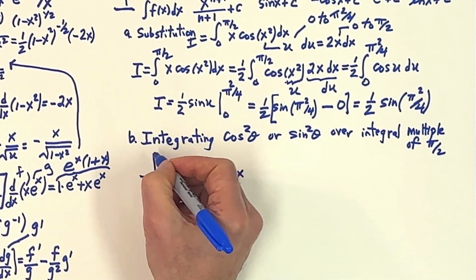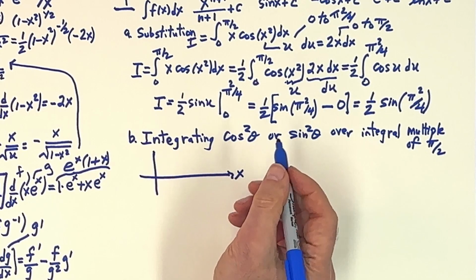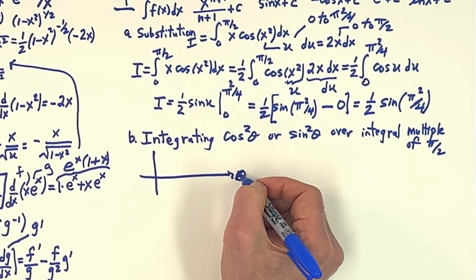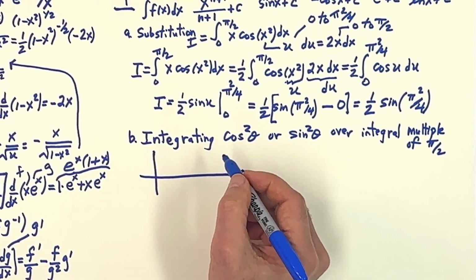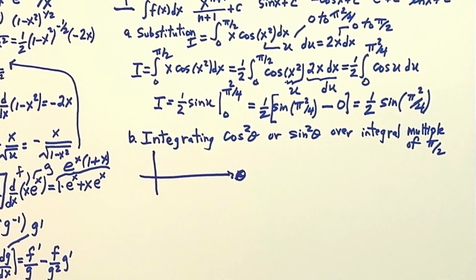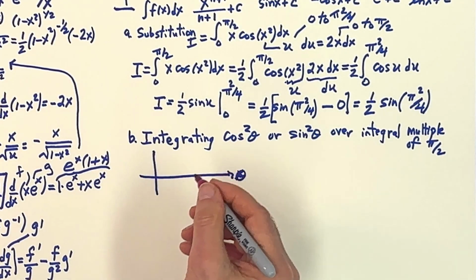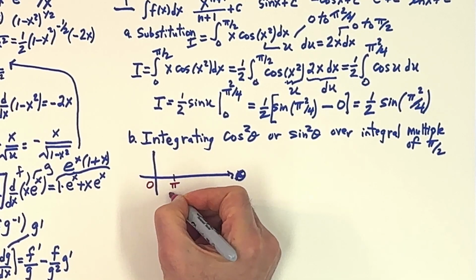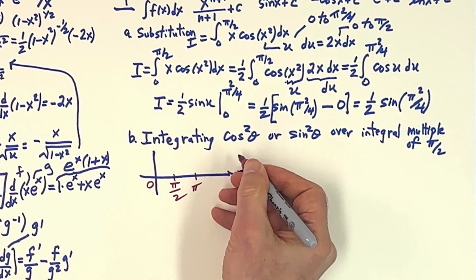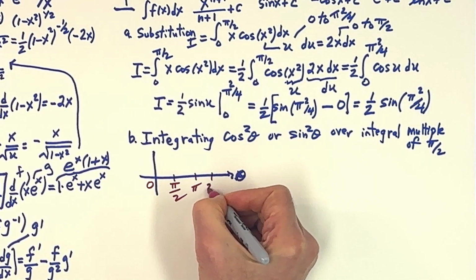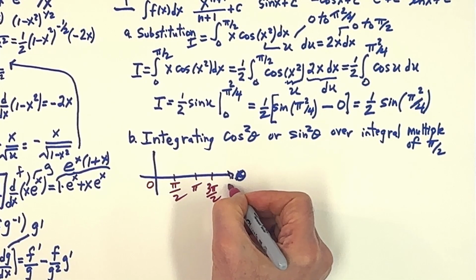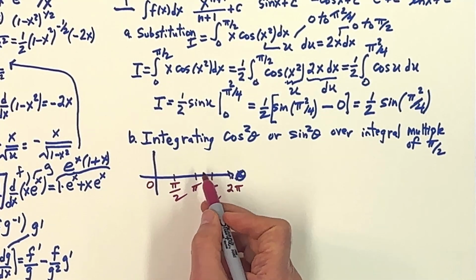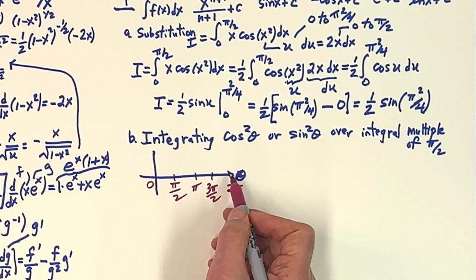Let's say we have here x, and well, let's do theta since we're using theta up here. Let's make that theta. So here, if we look at the cosine, it does something like this. Let's go ahead and put some values in. Say 0, pi over 2, pi, and then 3 pi over 2, and then here 2 pi. All right, so a half a pi, a full pi, 1.5, and then 2.